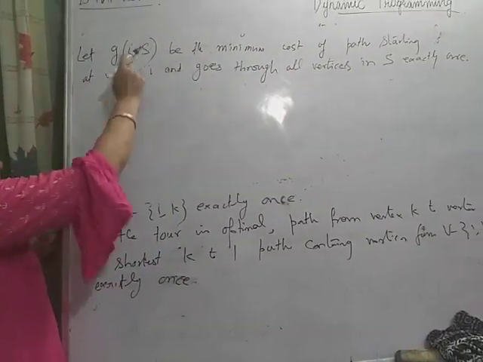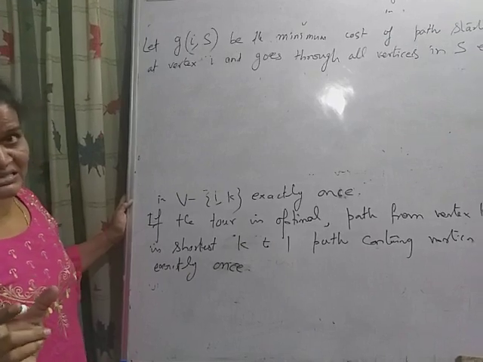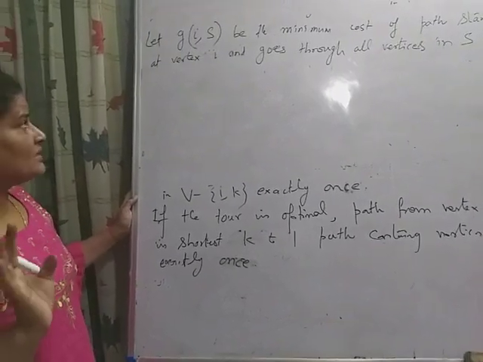Here S is the subset of vertices to be covered exactly once.